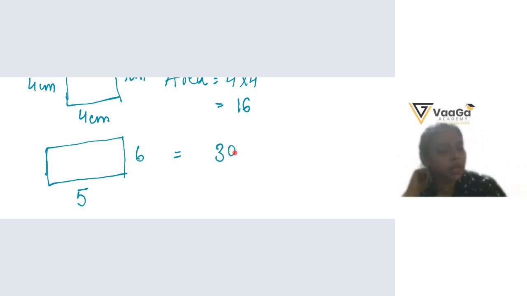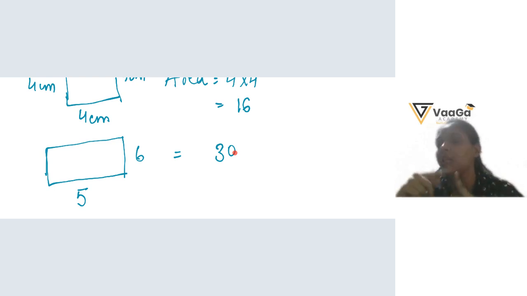Now, Harsh, I will give you two different situations and you will tell me, will you calculate the area in it or will you calculate the perimeter in it? Think carefully.